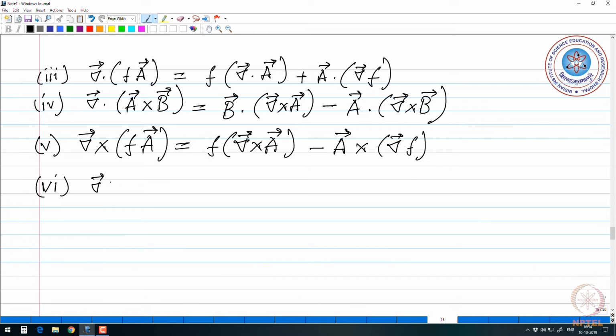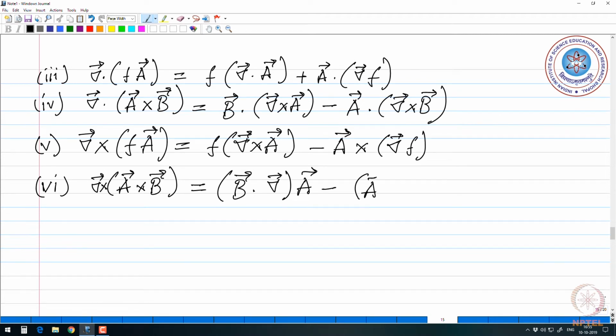And the curl of a cross product is given this way: curl of A cross B is B dot del A minus A dot del B plus A del dot B minus B del dot A.